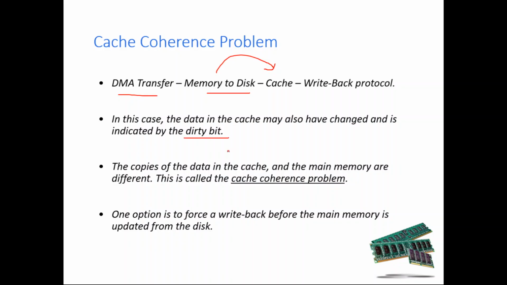If you allow the DMA to copy the memory content to disk, then the data will be inconsistent. The data in the cache and the main memory will be different. This problem is called the cache coherence problem. One option to overcome it is to force a write back before the main memory content is written to the disk.